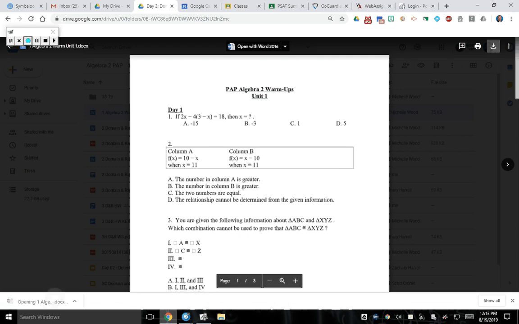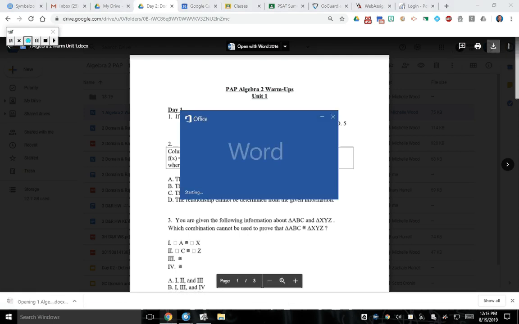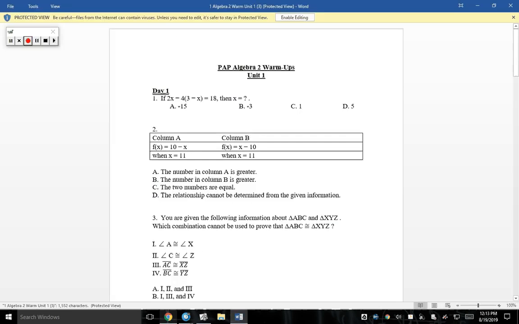Just to reiterate, on your notes binder, this one's very nice. You should have dividers for the several units that you're going to have. You should have regular notebook paper, ooh, even graph paper, that's awesome. Regular notebook paper for things like this, so you could put Day 2 warm-ups. You're going to show the actual work and whatever it is that you get.